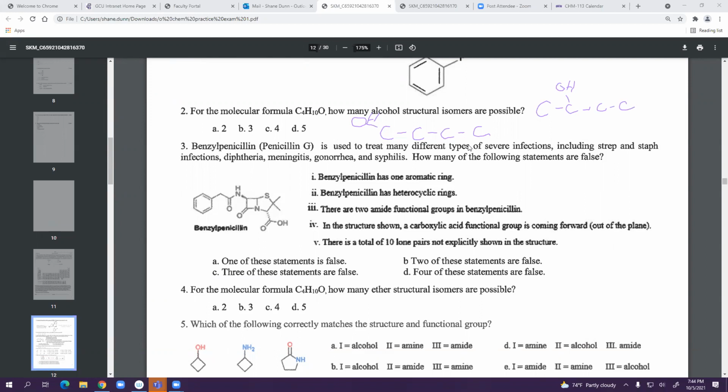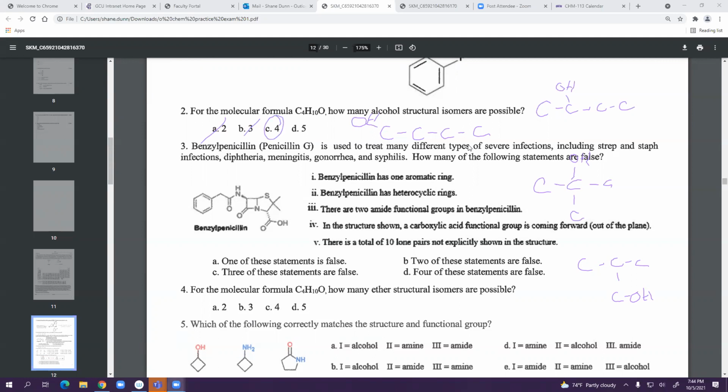Yes, there is. I could make a branch and put the alcohol on the middle carbon again, right? I could then make the exact same branch and then put the alcohol on that carbon, right? You see that? So the answer is 4.